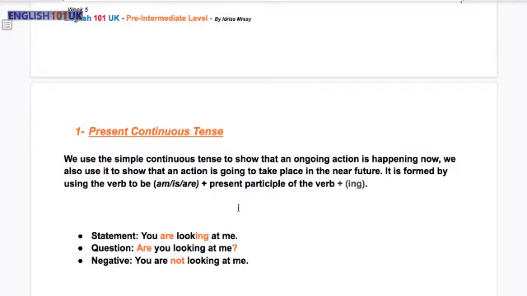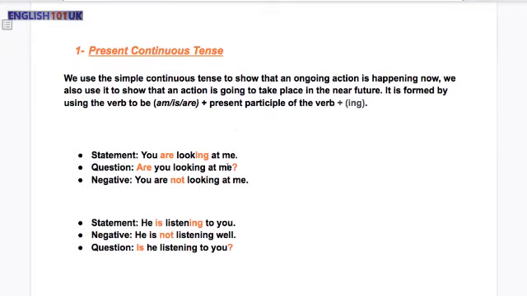It is formed by using the verb to be, such as am, is, and are, plus the present participle of the verb, plus the ing form. First, let's look at this as we have the statement, question, and negative form.